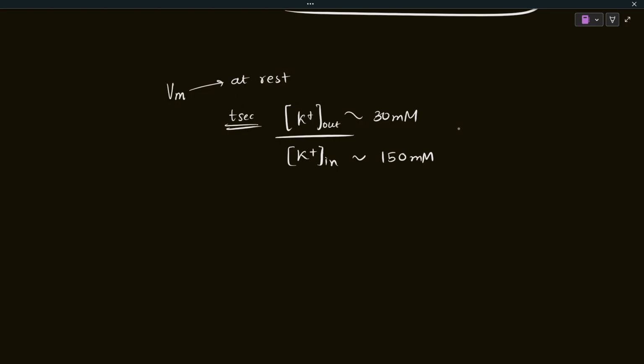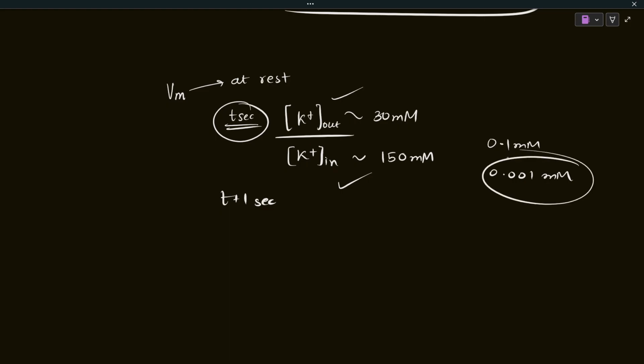At t plus 1 second, the values of those concentrations are going to change. Even if it is by a small value, say 0.0001 millimolar, it is still a change, right? And this change is not accounted for in the Goldman equation. So the Goldman equation only accounts for the steady state membrane potential, but not for the dynamic changes in membrane potential over time.